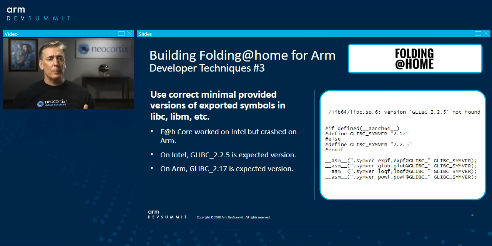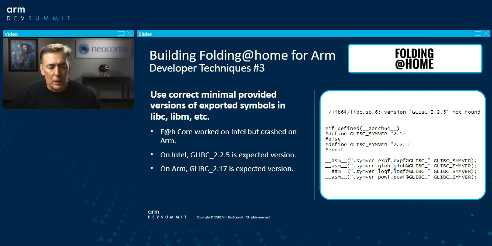On Intel, the glibc minimal version was 2.2.5, a very old version, and on ARM, GLIBC_2.17 is the expected version. So that's a much later version. And if you don't instruct the compiler correctly to look for the right version, then it will crash. So it's a straightforward fix, but you have to know what to fix and what to look for.